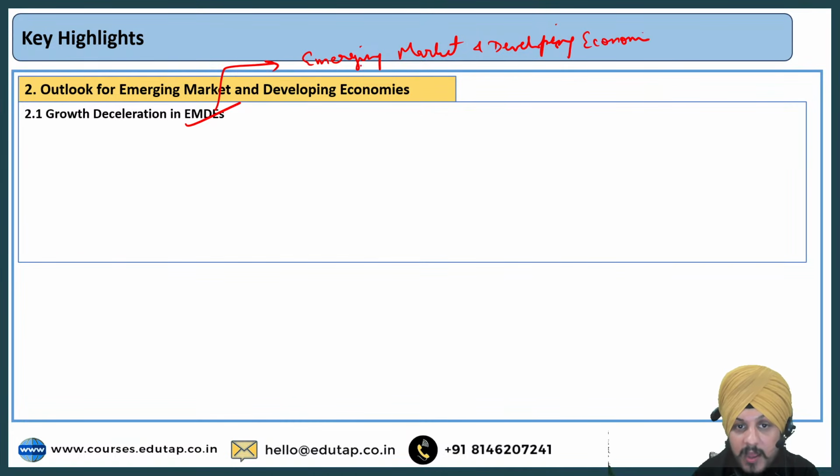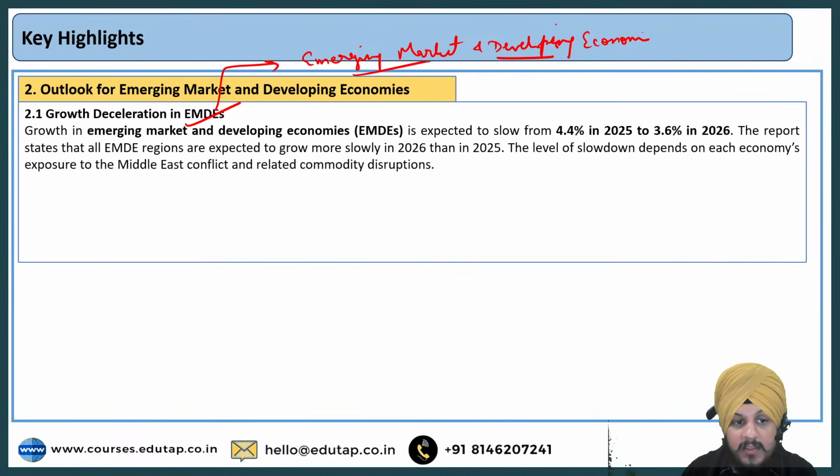Emerging markets and developing economies. Now, what does it say about it? It says that the growth in EMDEs is expected to slow from 4.4% to 3.6% in 2026. And the report says that all EMDE regions are expected to grow more slowly in 2026 than 2025.